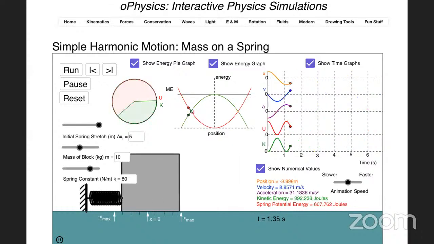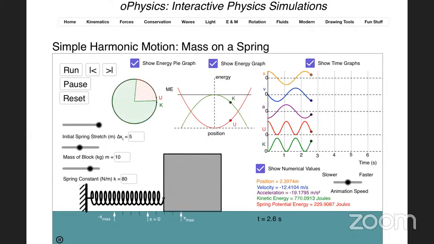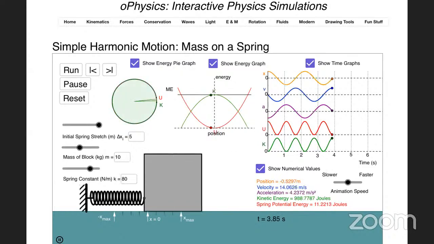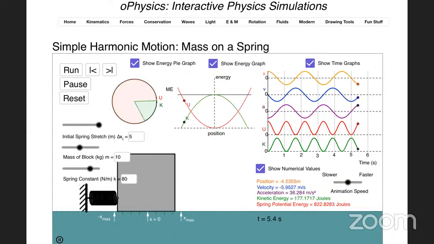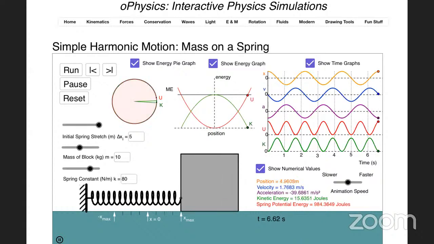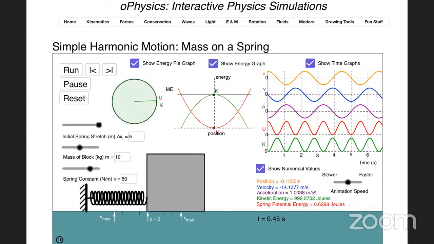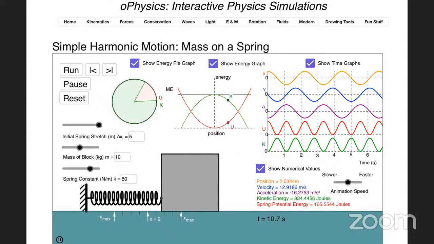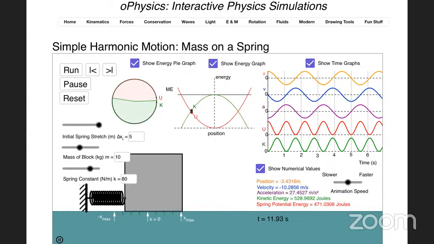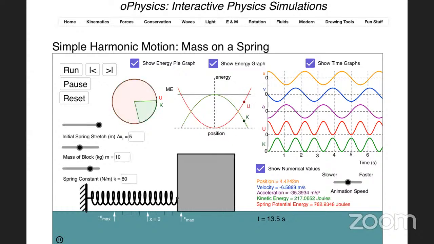Watch the yellow and the purple. They're behaving in opposite directions. They're directly related but in opposite directions. That shows simple harmonic motion.